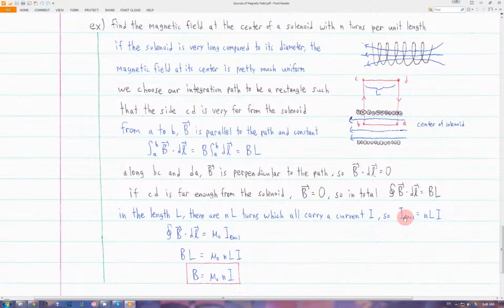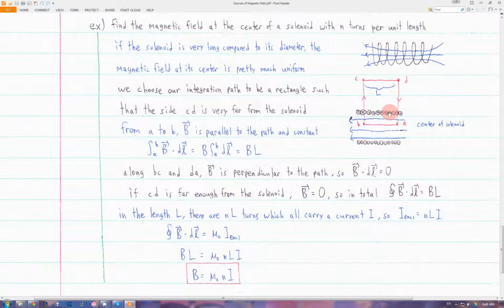Ampere's law says that this integral, which turns out to be B times capital L, is equal to mu naught times the enclosed current. So now we need to find an expression for the total enclosed current in this rectangular loop. In the length L, this horizontal distance of the rectangle, if the solenoid has n turns per unit length, then there are n times L turns in this rectangle.